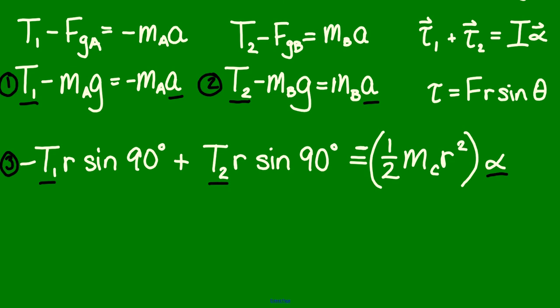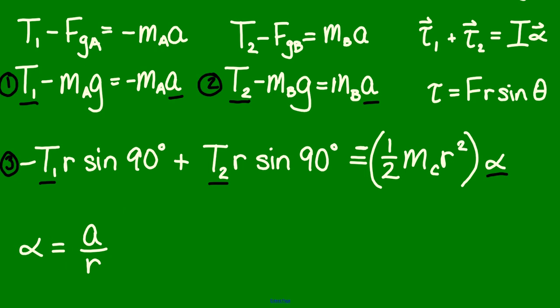I only have 3 equations. That means I can only have 3 unknowns. But there happens to be a relationship between alpha and A, linear acceleration. Mainly the alpha is equal to A over R. I'm going to use that relationship between the quantities to solve for what I'm looking for here.